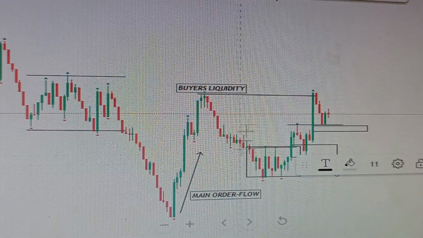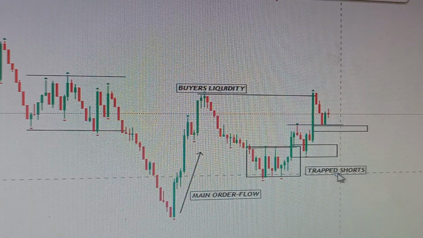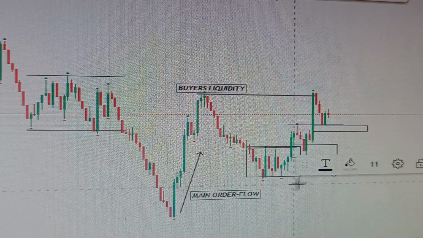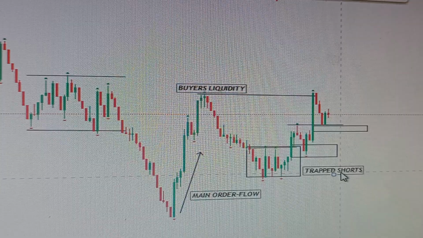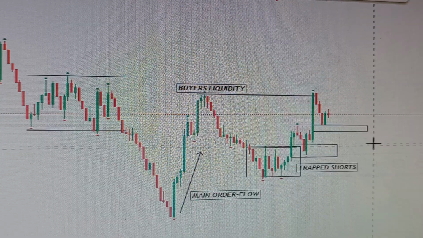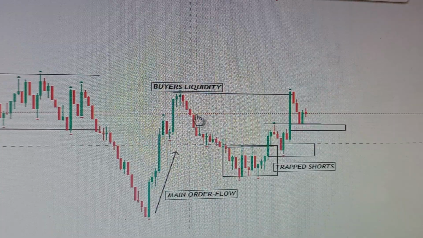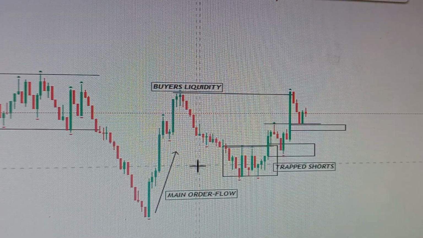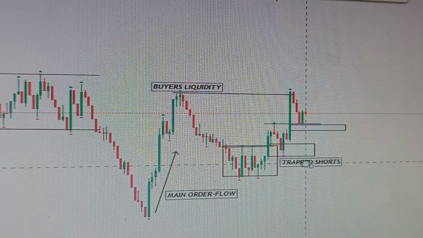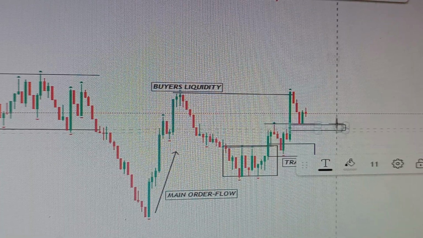So this area here is where impatient buyers and sellers came into and created that structure of consolidation on the discount zone. You can see the order flow here. Order flow simply means that the market is pushing high with higher momentum of bullish.